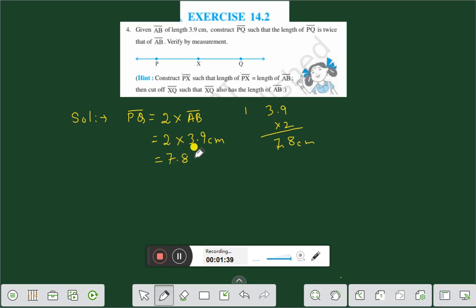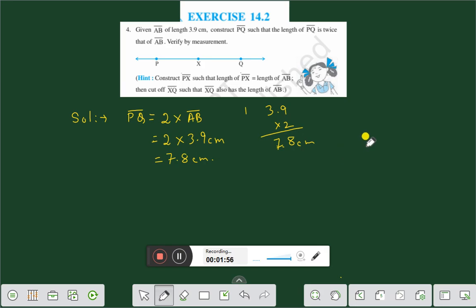That means we have to draw two line segments. One is AB, that is 3.9 centimeter, and another is PQ, that is 7.8 centimeter. Now let us draw it.